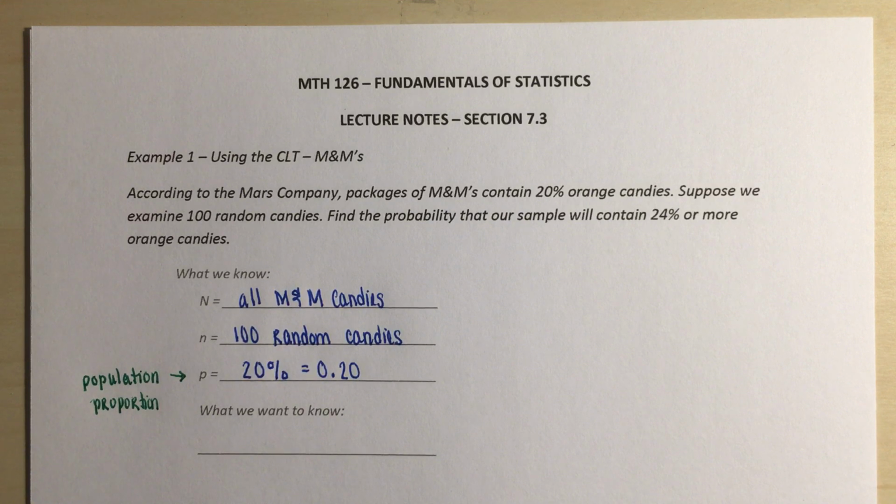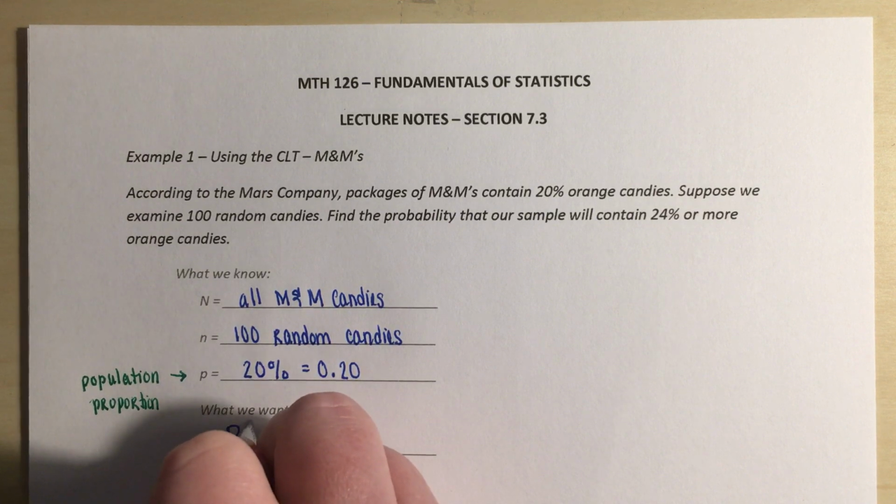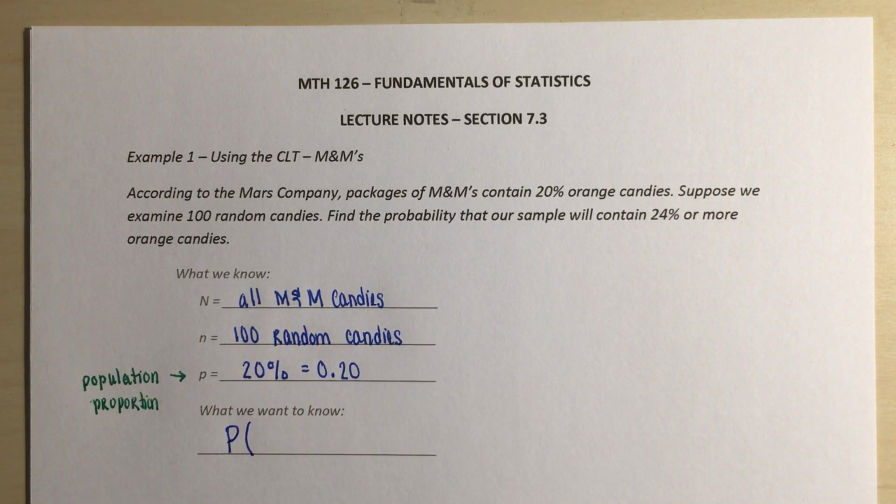All right, what do we want to know? Well, we are told to find the probability that our sample will contain 24% or more orange candies. So this lowercase p all by itself is our population proportion. A capital P stands for a probability, right?